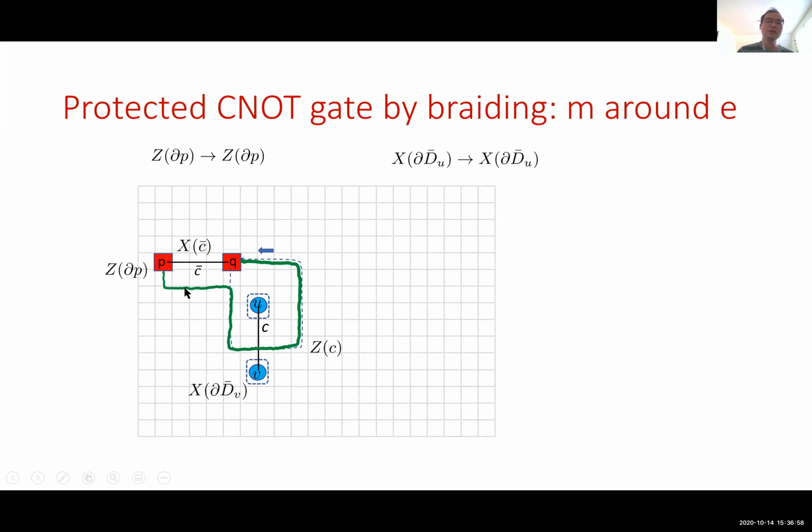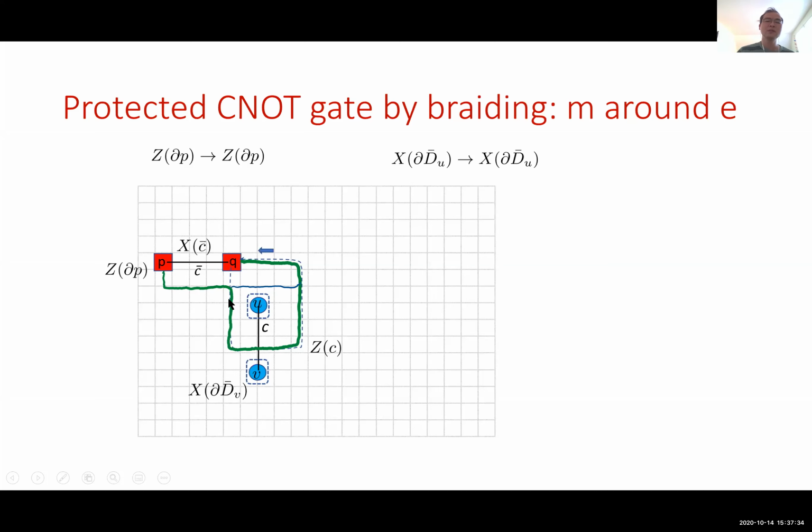And since this is a string, I can decompose it. I can add this string and remove that, in the sense that I have now decomposed the green line into two parts. One is this one, connecting P to Q, which is the logical X operator. But I'm left with another loop. This loop winds around this defect here.